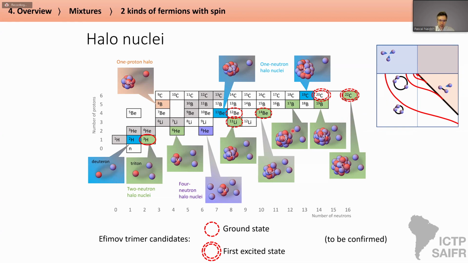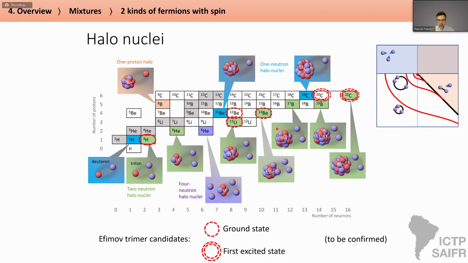And also there's the issue that maybe these systems cannot be described as three-body systems, because this core is not an inert particle. It can be excited. It can react with these neutrons. So there are several difficulties.